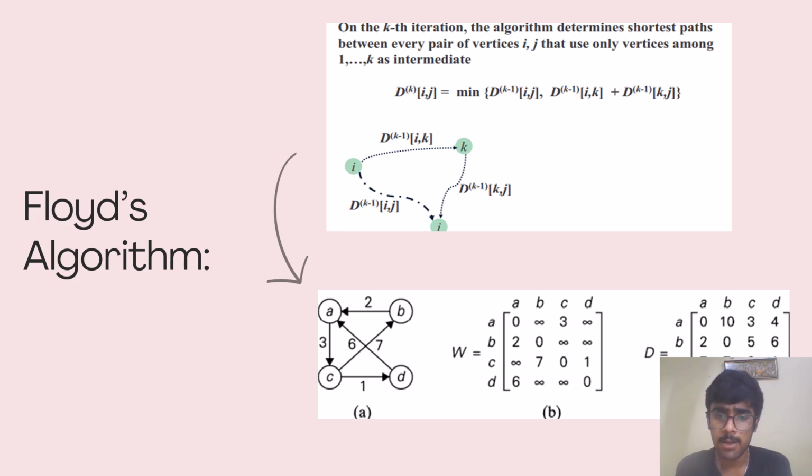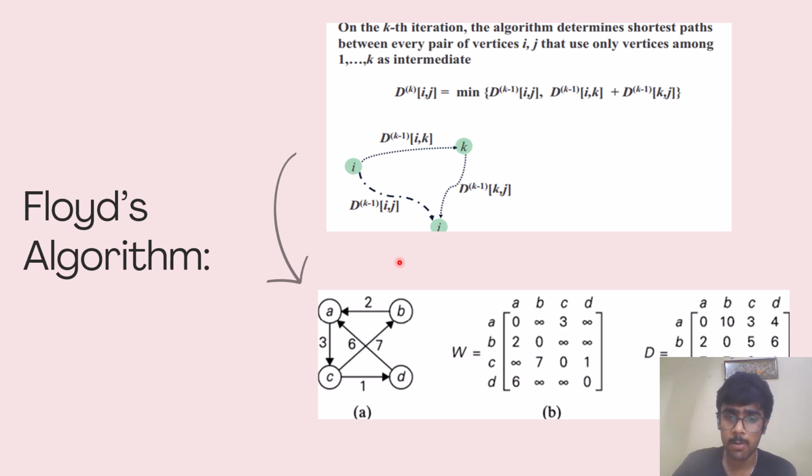Since there are no loops, that is a to a or b to b, we will write them as zeros. Next is when there is no edge present. Suppose for a comma b there is no edge present. In those cases, we'll write it as infinity or any large number. And hence we have learned how to write the weight matrix.